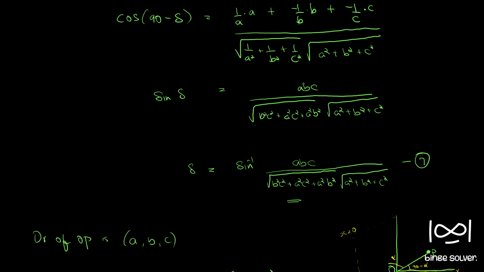So this is the cosec square delta we need.